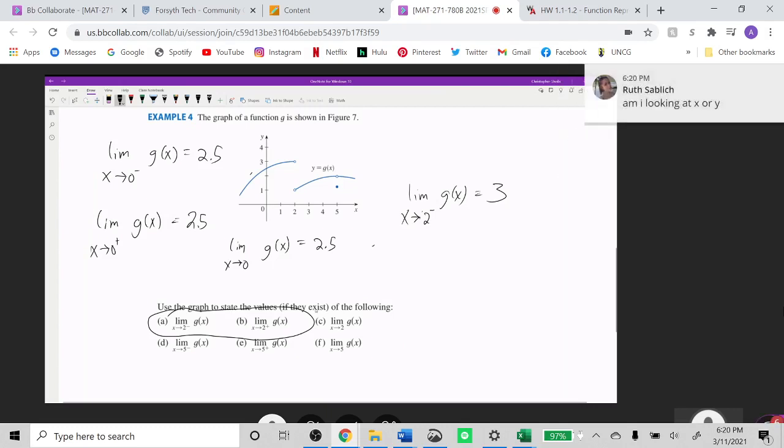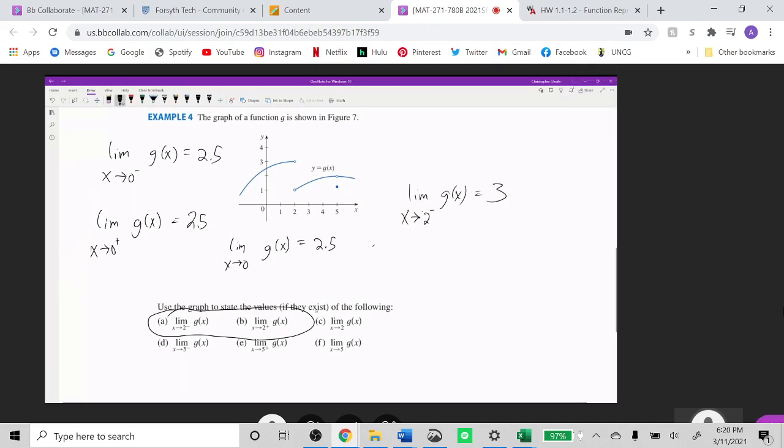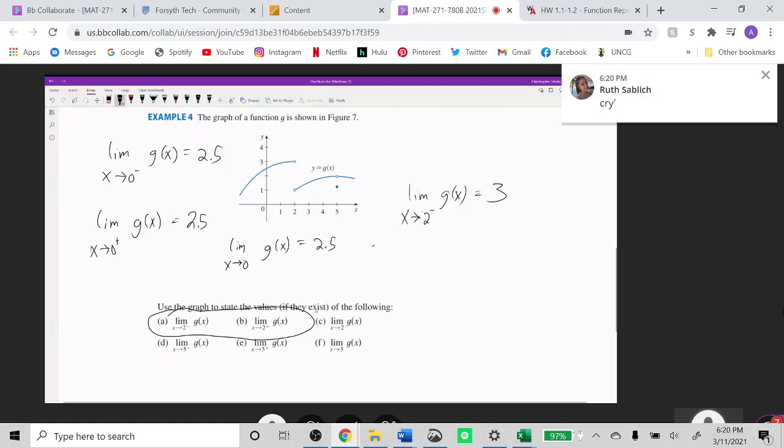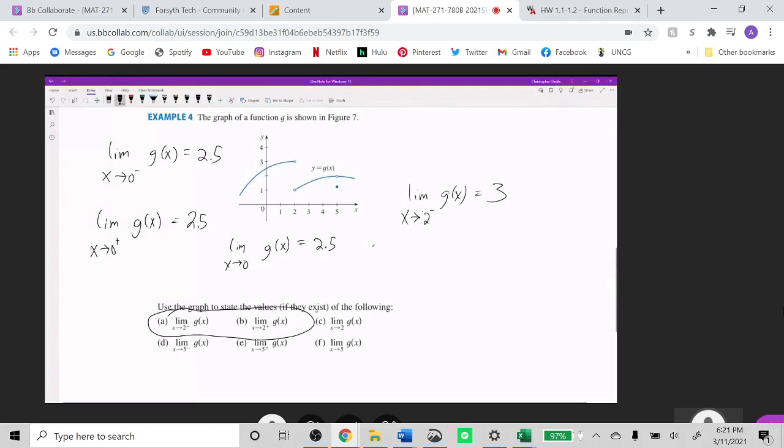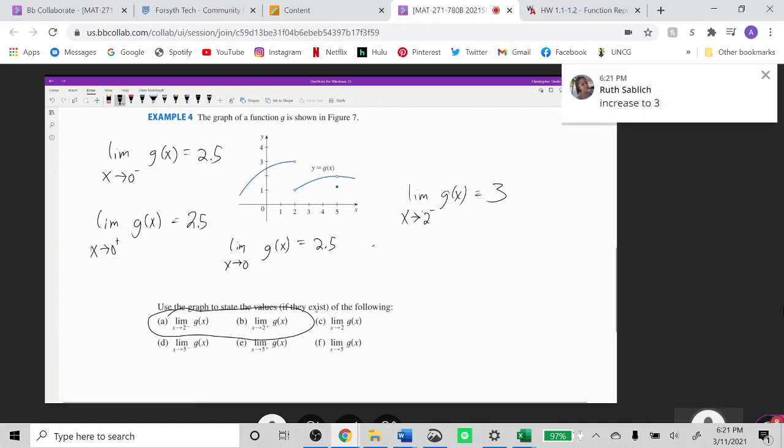As my x values are approaching 2 from the left, what's happening to my y values? What are my y values getting close to?